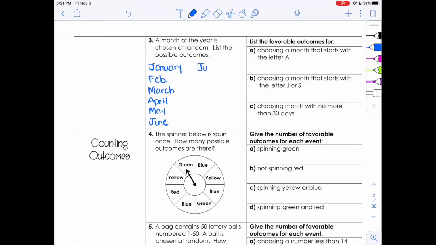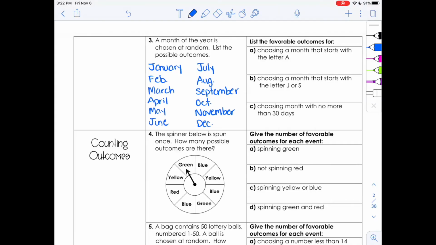You could choose July, August. You could choose September. October. You could choose November. You could choose December. Those are all possible months out of the year that you could choose.